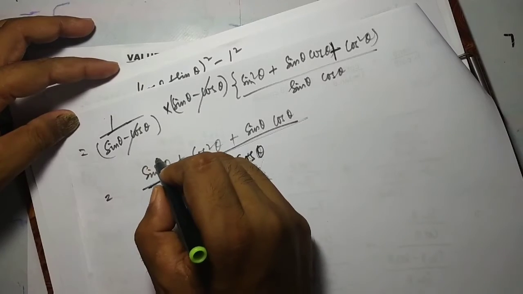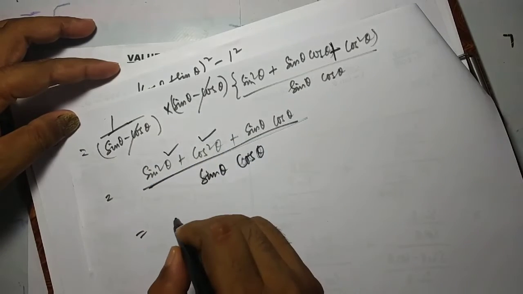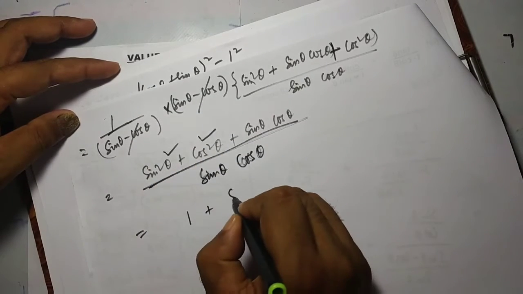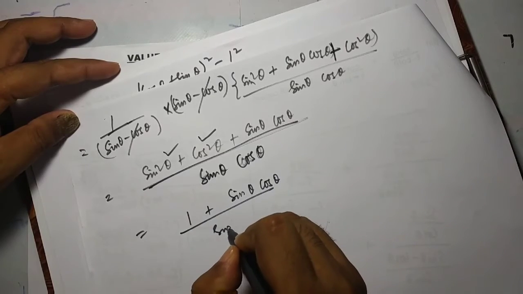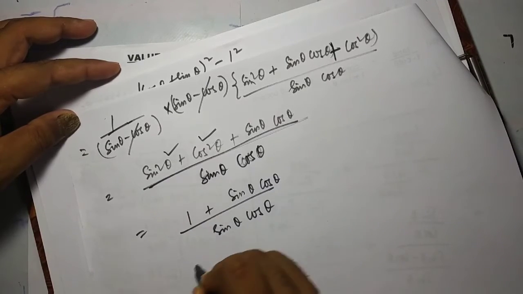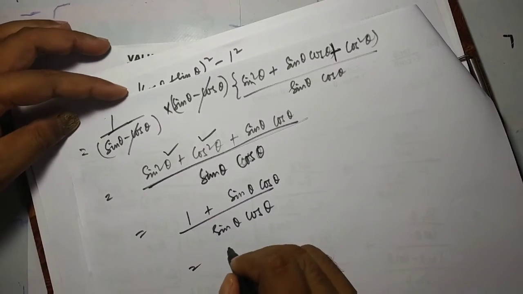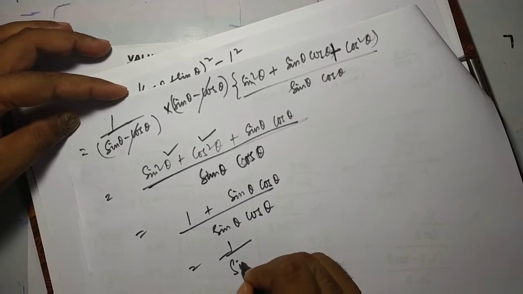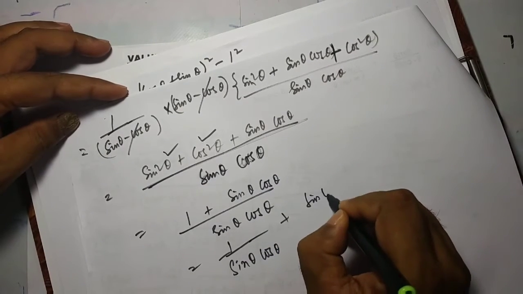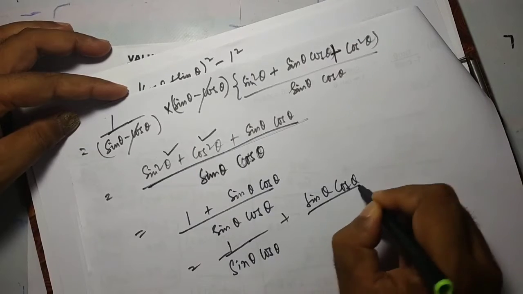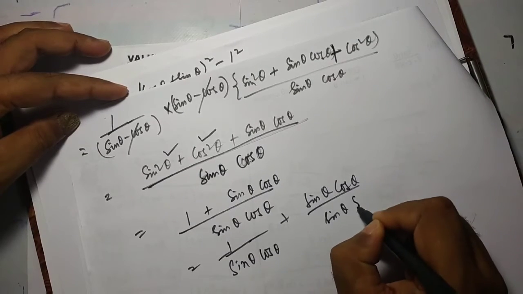So sin square theta plus cos square theta, again you know it, is 1, plus sin theta cos theta over sin theta cos theta. So this is nothing but 1 over sin theta cos theta, plus sin theta cos theta over sin theta cos theta, same.